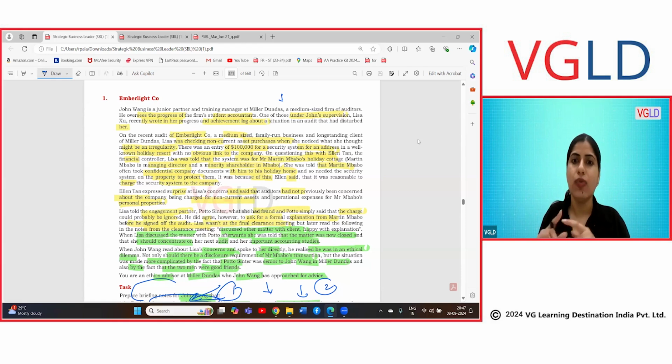And when the report was signed, Lisa was not there, because he knew that if Lisa is present, she will be asking the queries, she will be finding out what the relationship is, and maybe she's in a position to find out the truth.